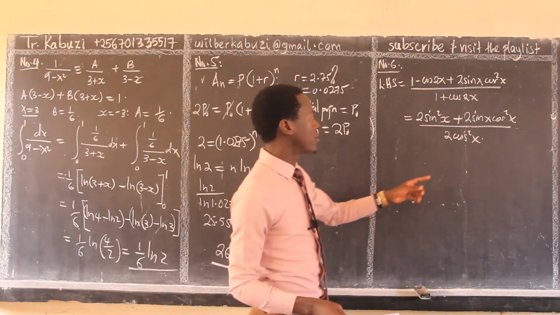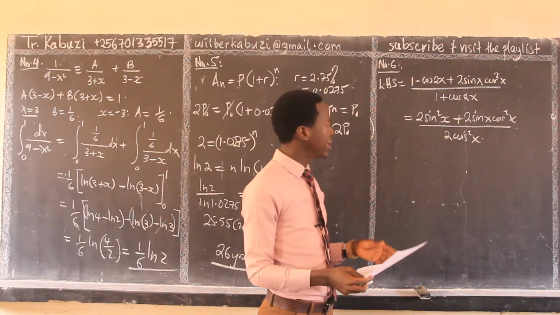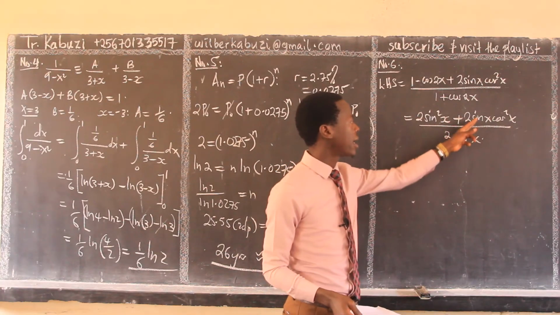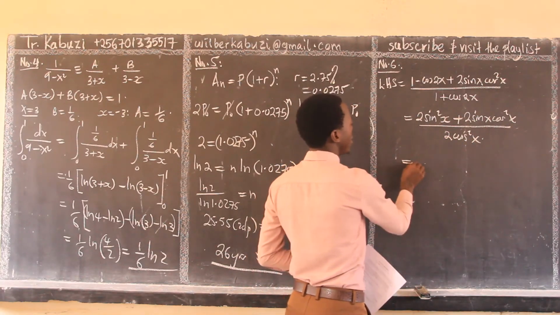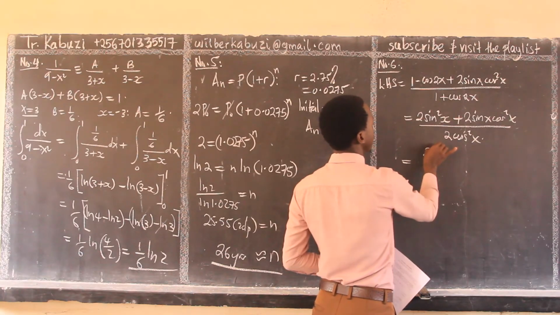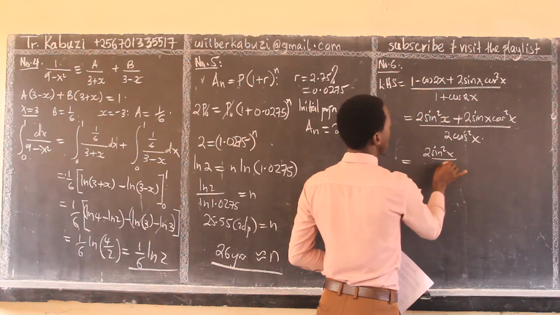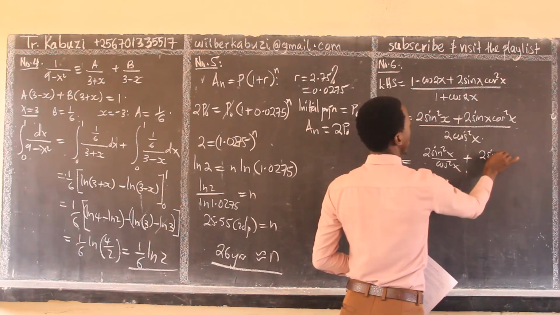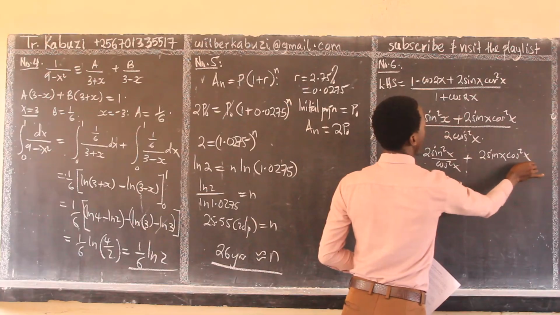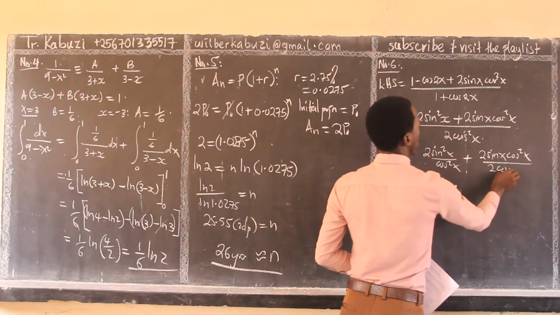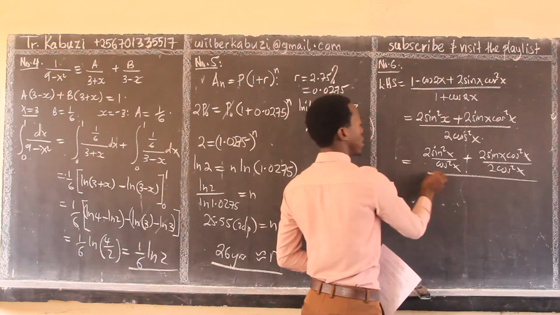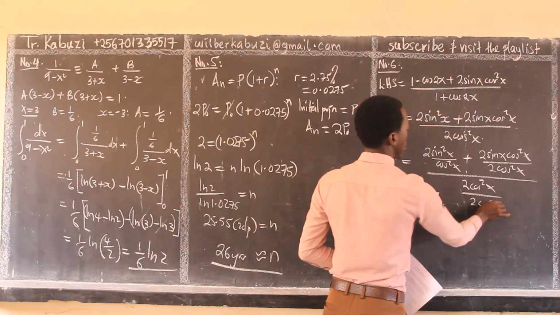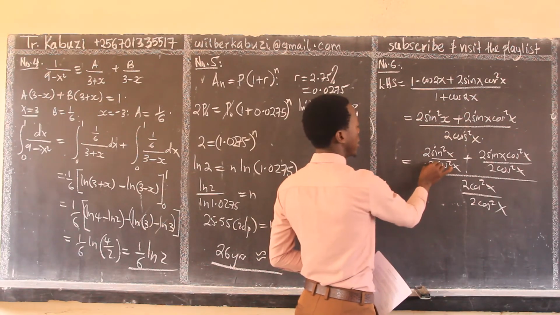Our next step is now to, you see that on our right hand side they have 1 down, so I'm going to divide it through by this here, here and there. So this will be now 2 cos squared x. So my 2 there.